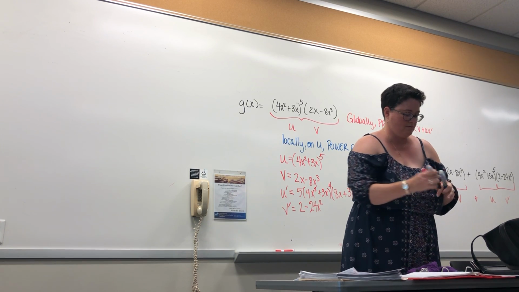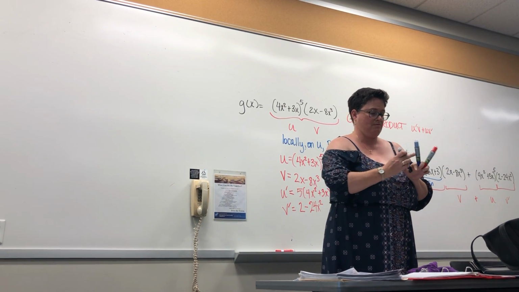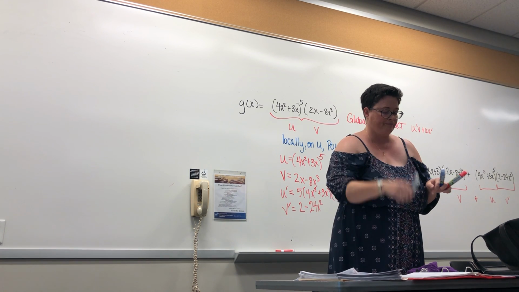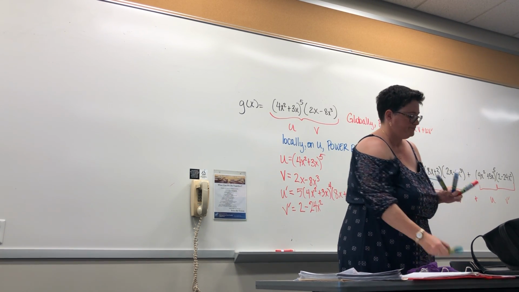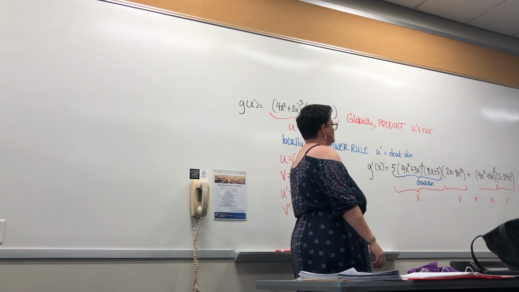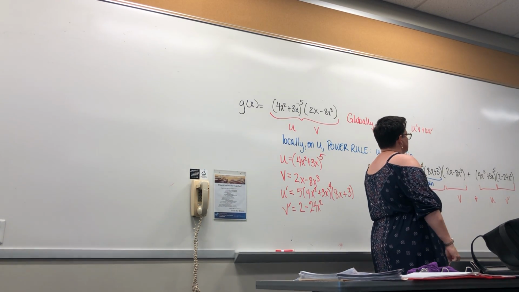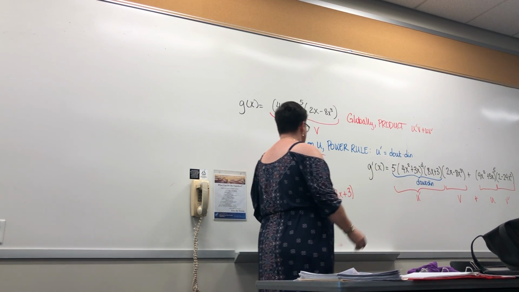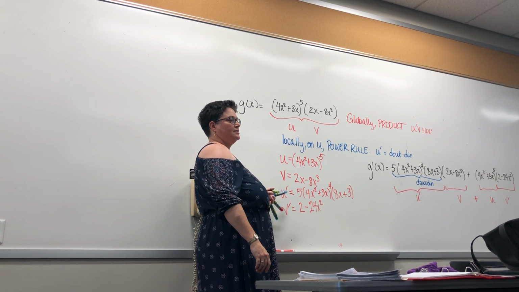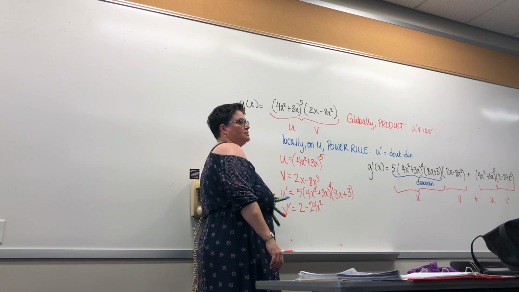Okay, wait, another question for you. Does it matter which one we do first? Say you saw the product and the power rule, would it matter if you did the power rule first? Would that just mess everything up? Well, it comes in its own time. You don't employ the power rule in this case until you're doing the derivative of your first function.